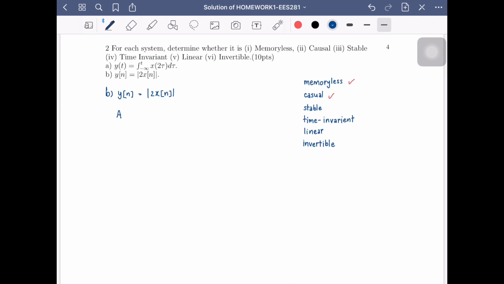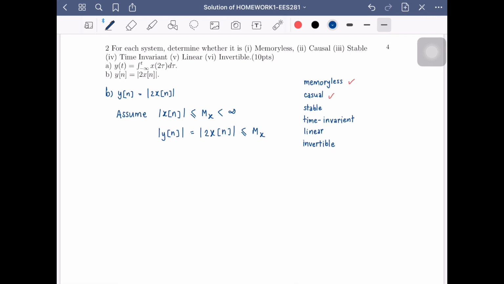We start by assuming the absolute value of x[n] is less than or equal to Mx, less than infinity, and then we get the absolute value of y[n] equal to the absolute value of 2x[n], which is less than or equal to Mx.